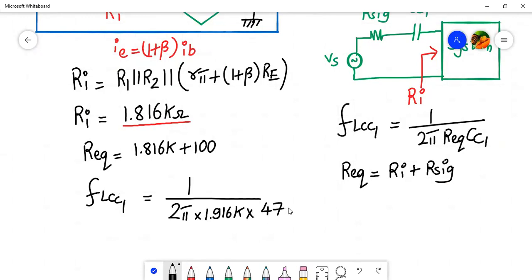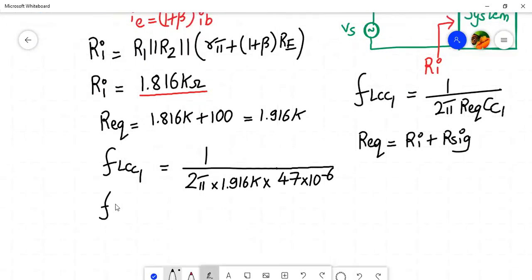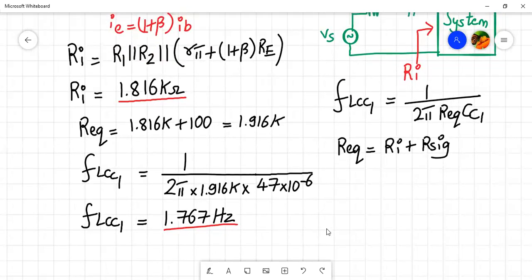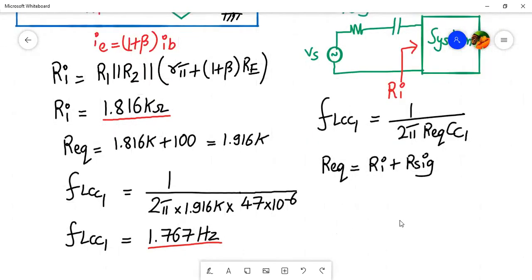We had the CC1 value as 47 microfarad, and R equivalent came out to be 1.916 K. The final result, FL of CC1, will be 1.767 hertz. So that's the lower cutoff frequency due to input coupling capacitor CC1. We are just falling short of time, so that's why we are calculating this, and you can verify this answer on your own.